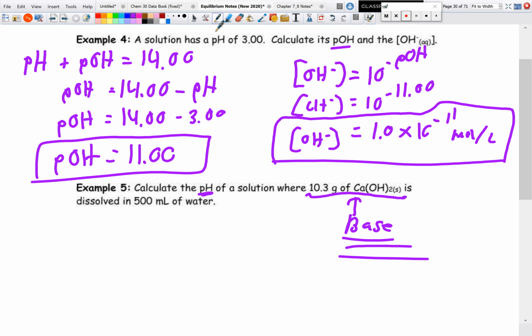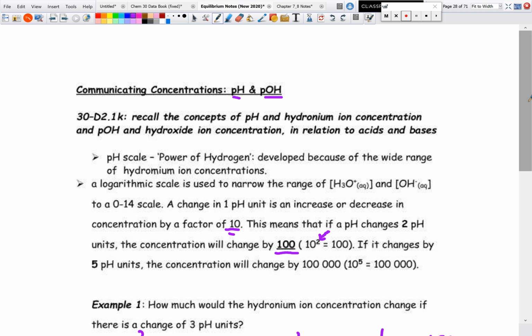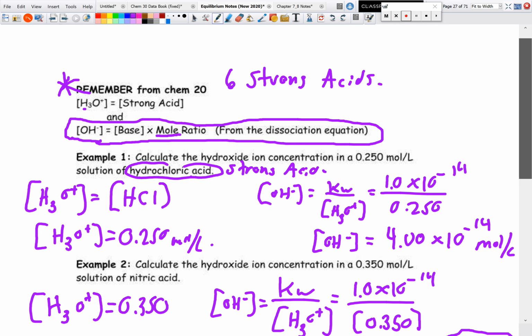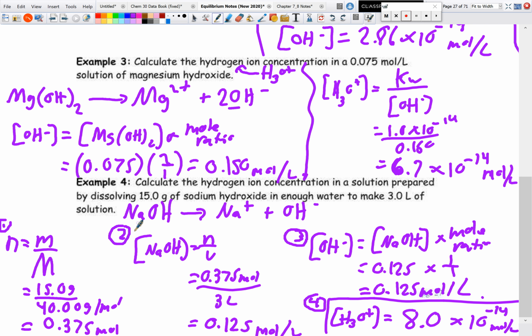Think back to when we did our example back here, where because we have a base, we need to write a dissociation equation and solve. Actually, example 4 right here highlights all the steps that we need to do to find hydronium, and then with example 5, we're just applying the pH calculation at the end.